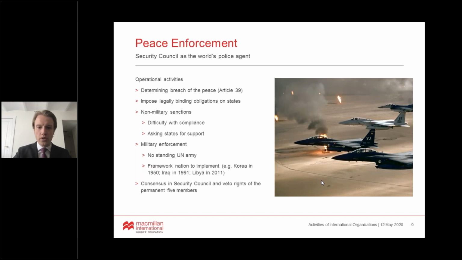but the Security Council also has the option of military enforcement, and it uses this one rarely. In the past, there have been a number of examples, like the intervention in Korea in 1950, Operation Desert Storm in Iraq in 1991, the Libya intervention in 2011.